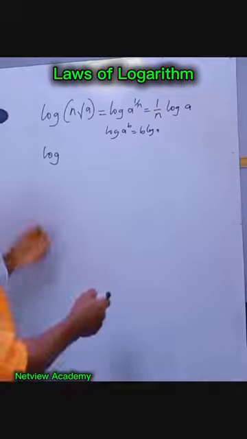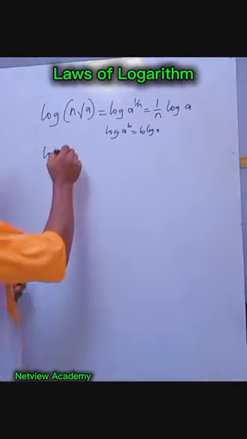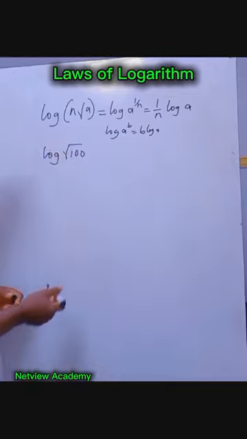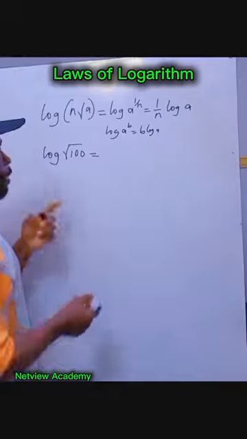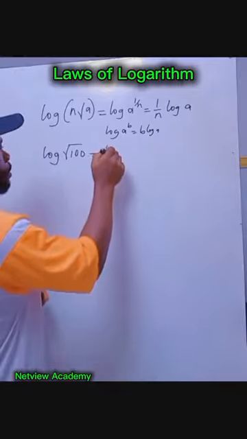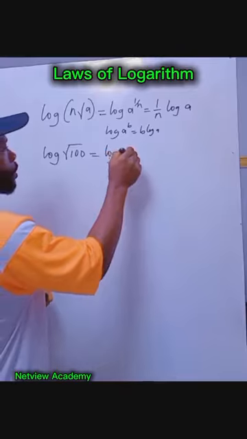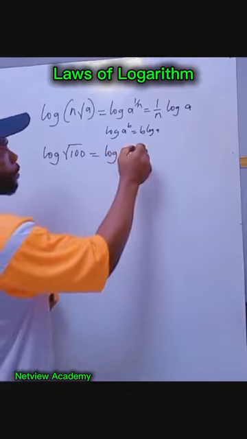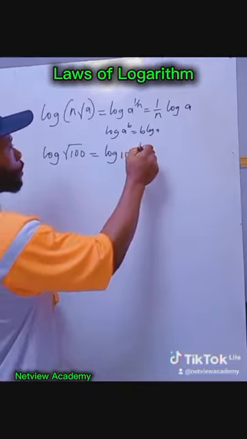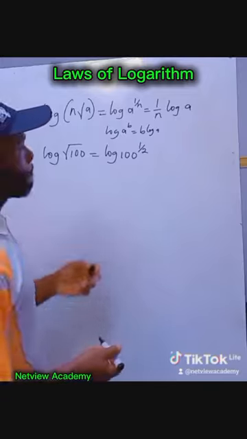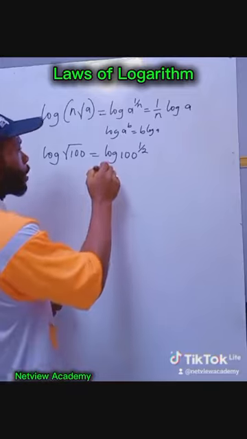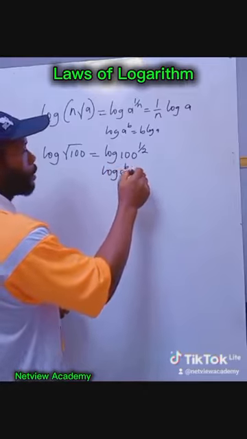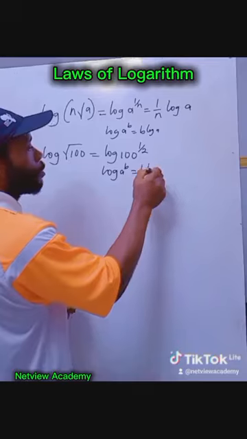So when you have the log of the square root of 100, this can be expressed as log 100 raised to the power 1 all over 2. And we know that according to the power law, log a raised to the power b is equal to b log a.